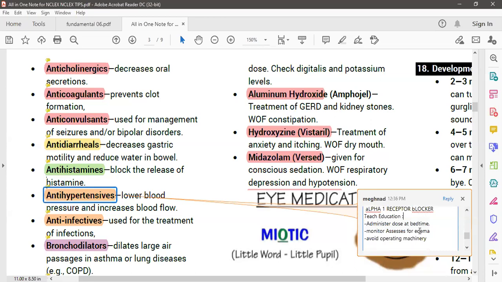Also educate them to avoid operating machinery. Alpha-1 receptor blocker medications have common side effects: they can cause hypotension, palpitation, blurred vision, nausea, diarrhea, dizziness, and dry mouth.